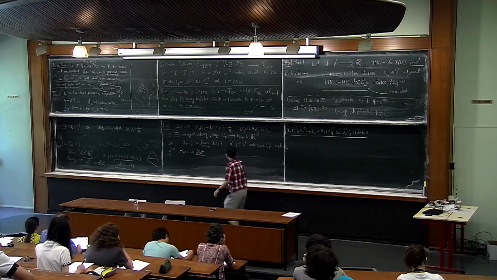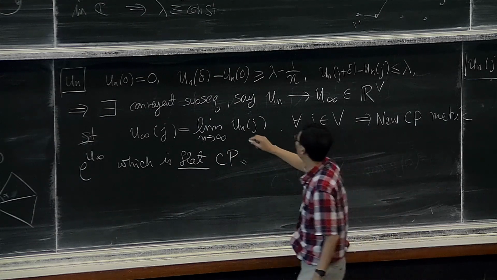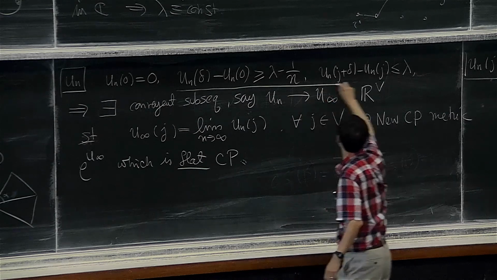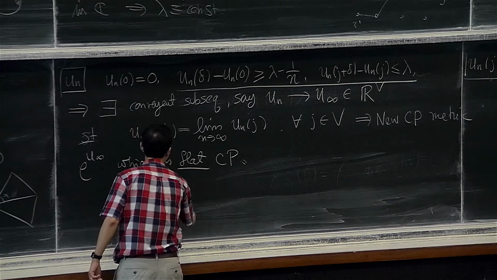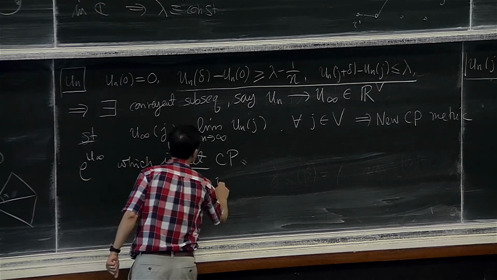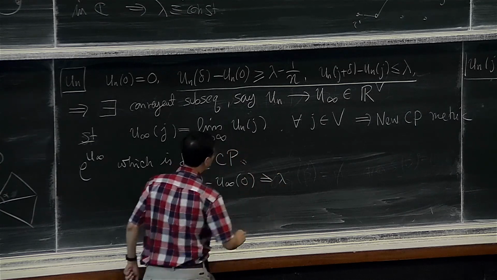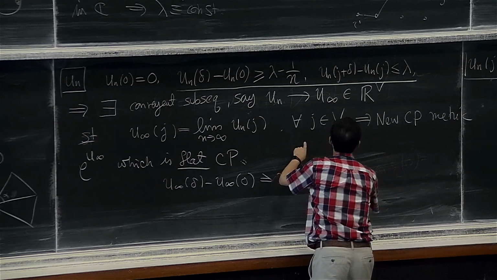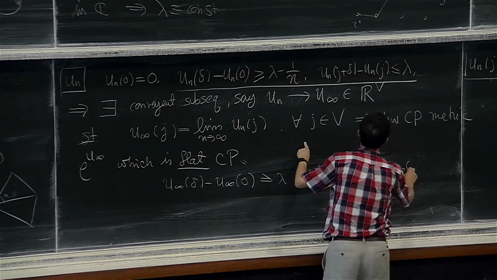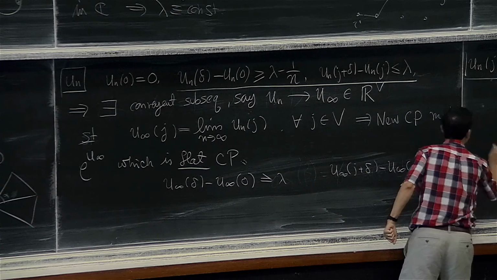Circle packing metric. And let's take a look at what property it has. Well, we have these two properties, and when you take the limit, we get u_infinity(delta) minus u_infinity(0) is bigger than or equal to lambda, and u_infinity(j plus delta) minus u_infinity(j) is less than or equal to lambda for all j.